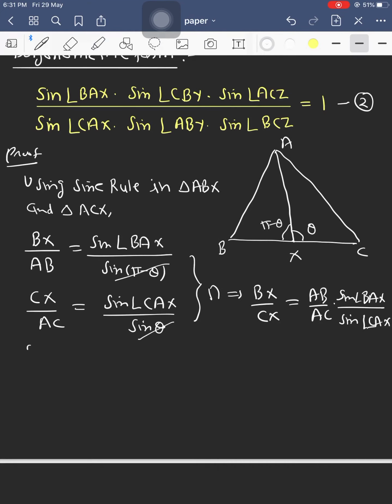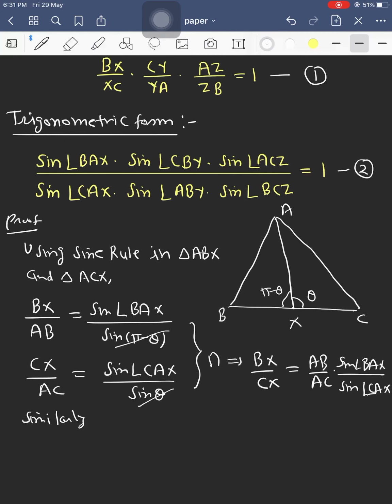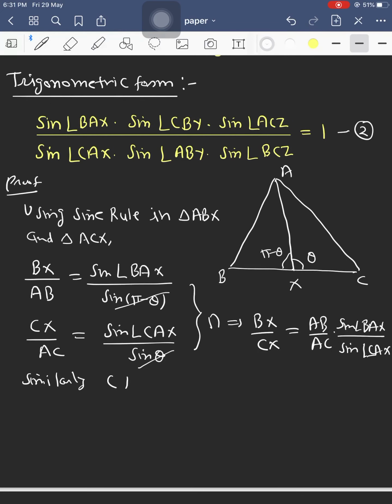Similarly, we can find other ratios. BX by XC we have found out, and now we talk about CY by YA.